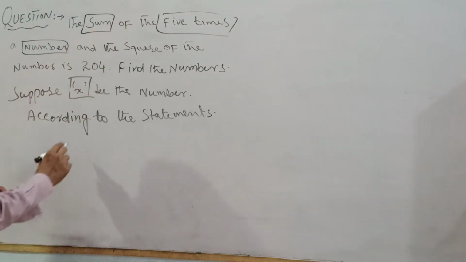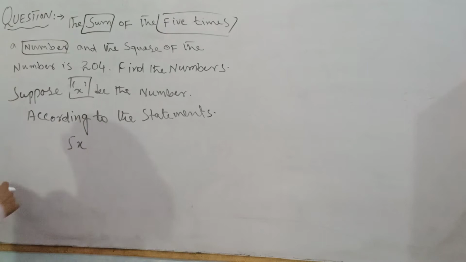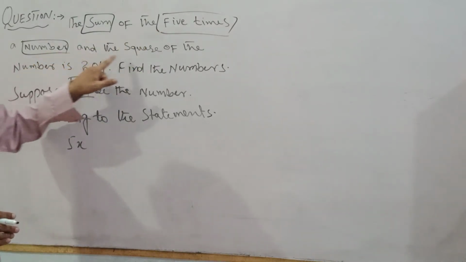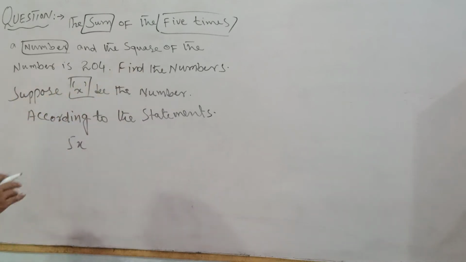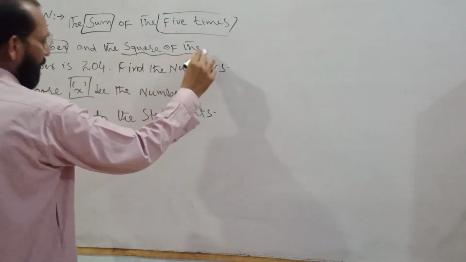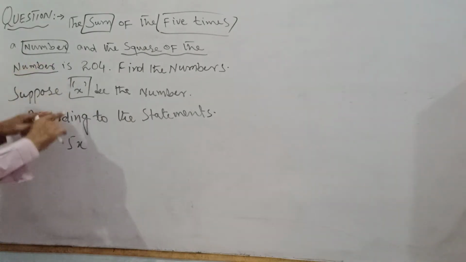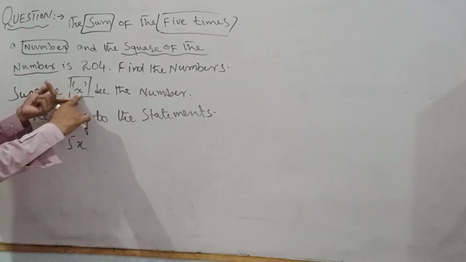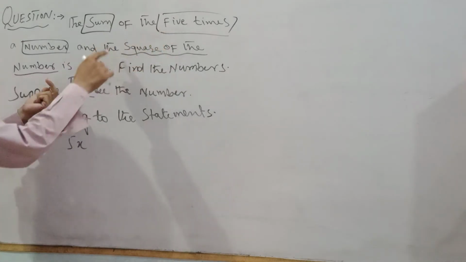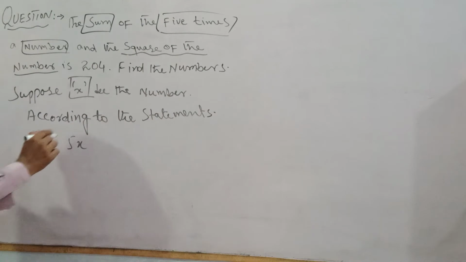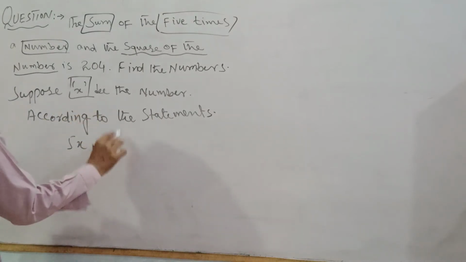So according to the statement, 5 times of a number and the square of the number. Okay, the first part of the statement is 5 times and the second part is the square of the number.